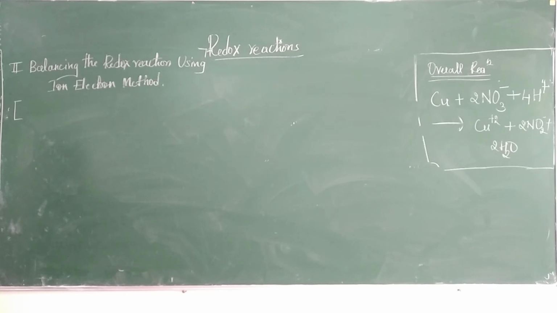There you write: calculate the increase and decrease in the oxidation number, equalize the increase and decrease in oxidation number by multiplying it with a suitable integer.